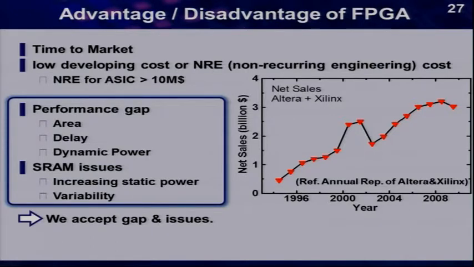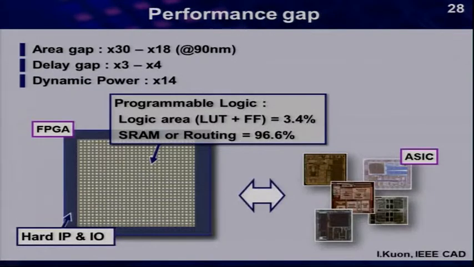The performance gap of SRAM-based FPGA is widely known. Here we show the performance gap between FPGA and ASIC, which is estimated by Professor Jonathan Rose's group at Toronto University. The area gap is 30 to 40 for the 18 nanometer node. Delay gap is 3 to 4, and dynamic power 14.